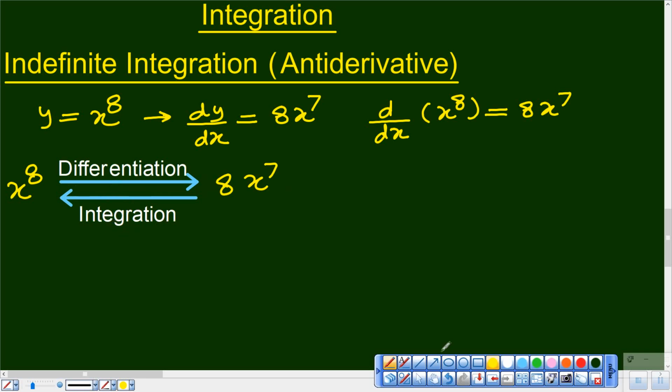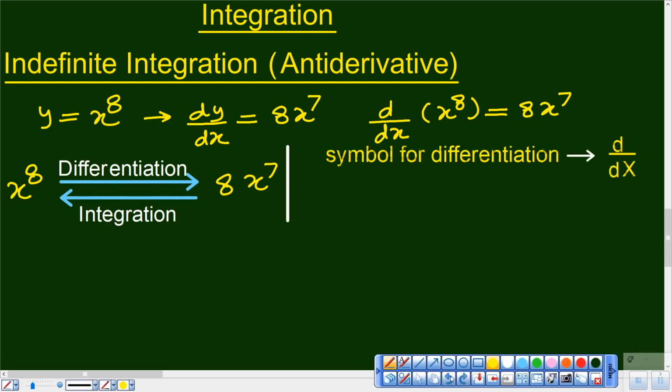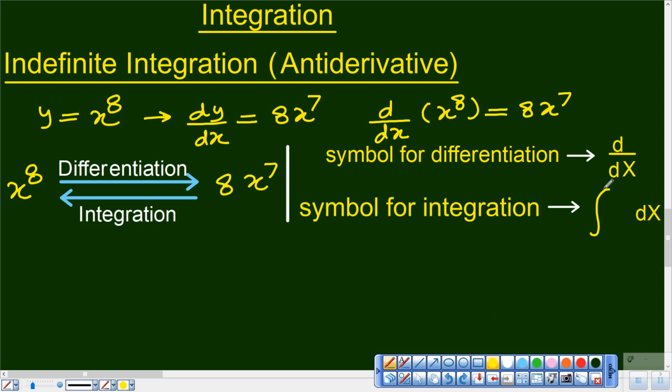Now, the symbol for differentiation is d by dx. When I operate d by dx upon anything, it gives me the differential coefficient. That's why the symbol for differentiation is d by dx. Likewise, the symbol for integration is integral dx.